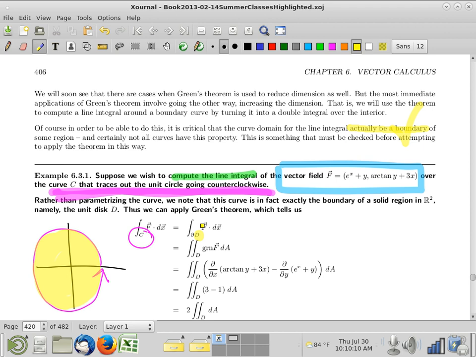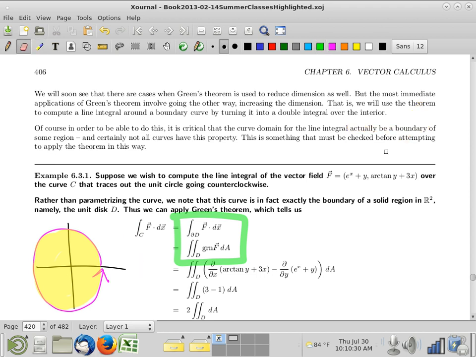And you can plow forward with the Chapter 5 method, or you can notice that the curve happens to be a boundary, and therefore, once you realize that, you can compute the line integral with Green's theorem. Namely, you compute the line integral by rewriting it as a double integral. And it's all over but the details at this point.